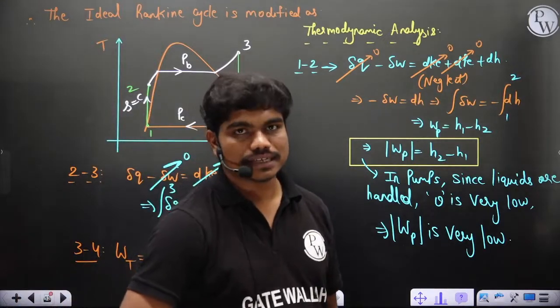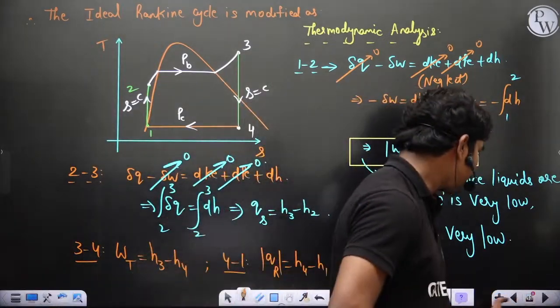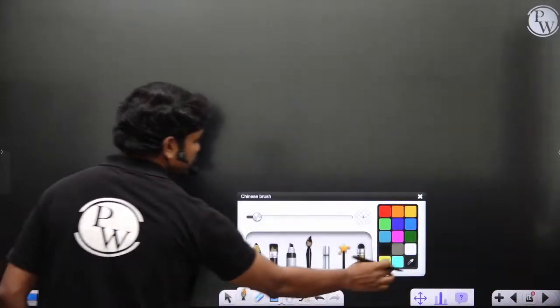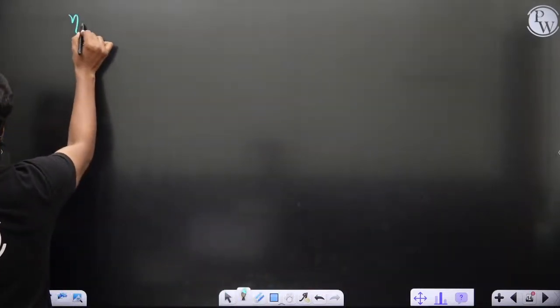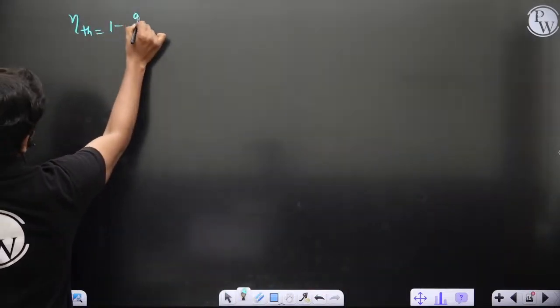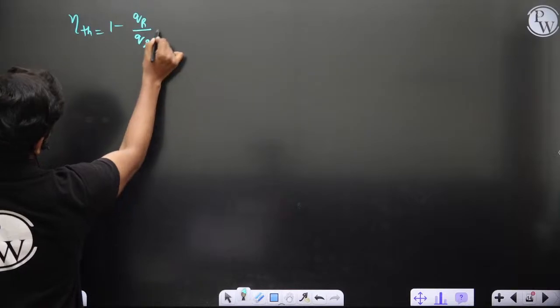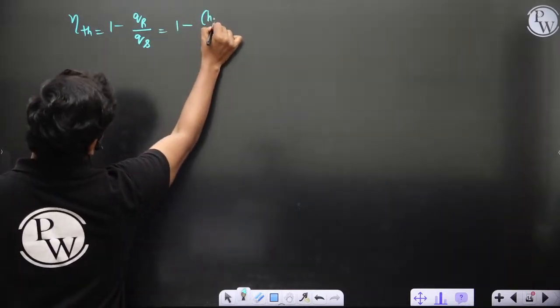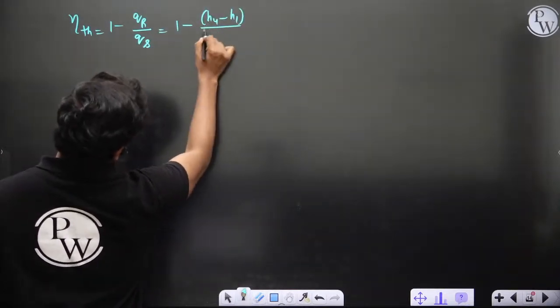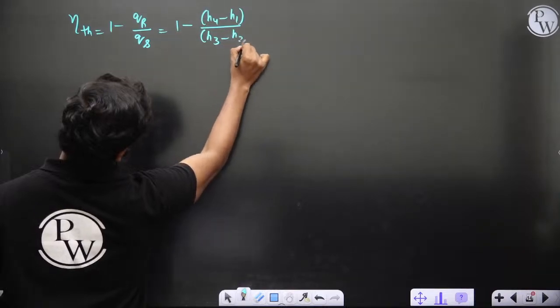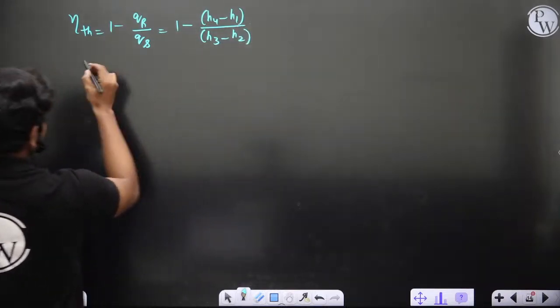Now if you want to calculate thermal efficiency, pretty much simple, you can do thermal efficiency of this cycle is 1 minus QR by QS, which is 1 minus (H4 minus H1) divided by (H3 minus H2). That's it. And what is W net?